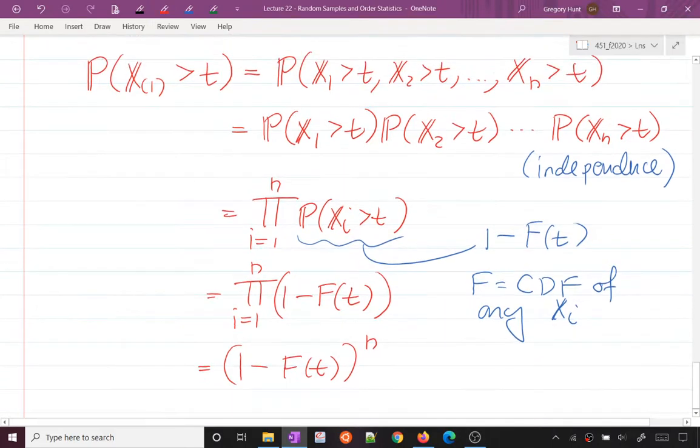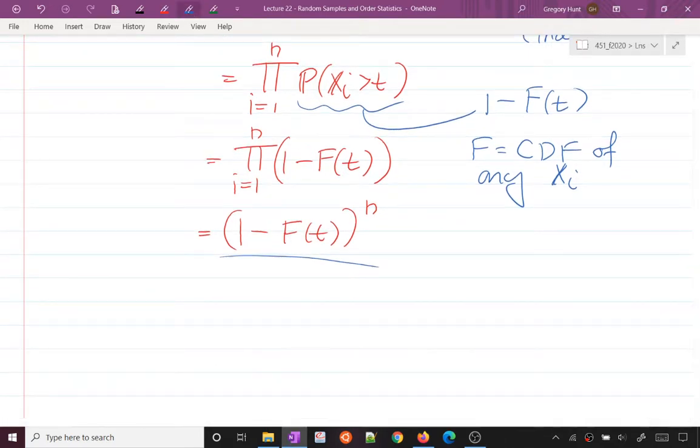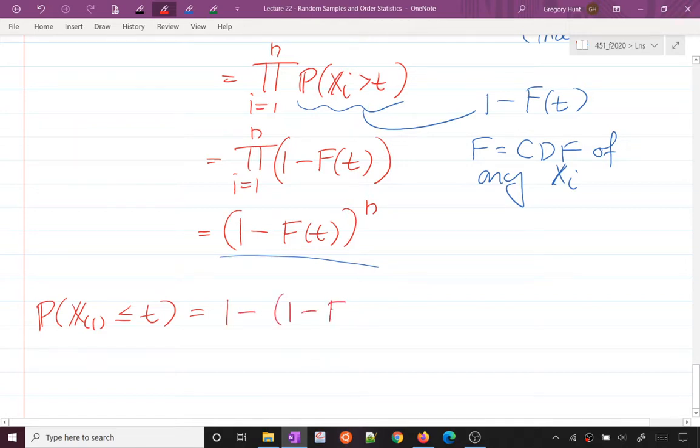So what we've derived here is that the probability that the minimum is bigger than t is 1 minus the marginal CDF, to the nth power. And so if I want to calculate, say, the probability that the minimum is less than or equal to some value t, I would just take 1 minus the probability that it's bigger than that, so it's 1 minus F of t to the nth power.